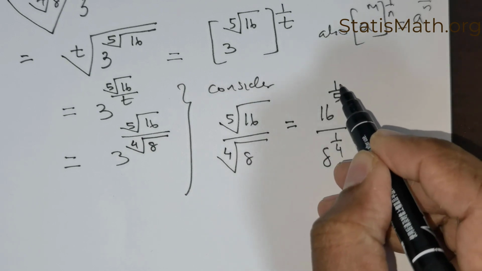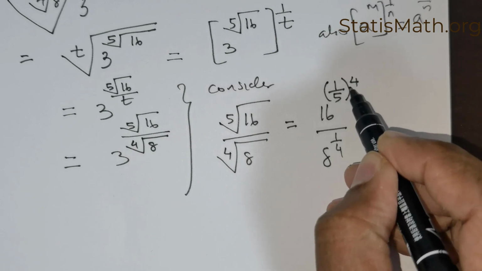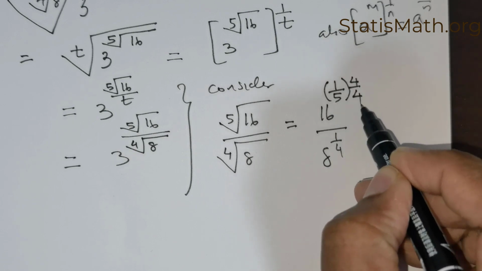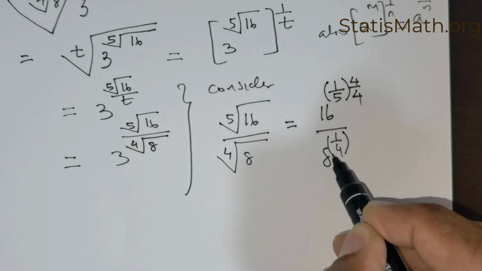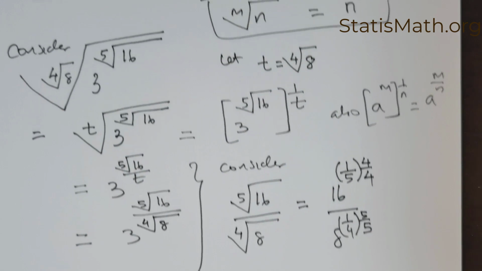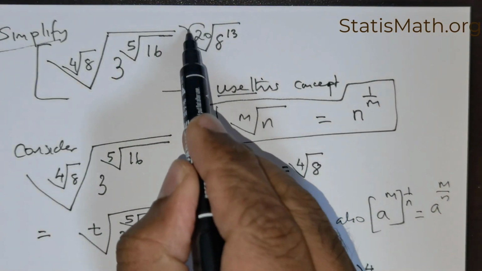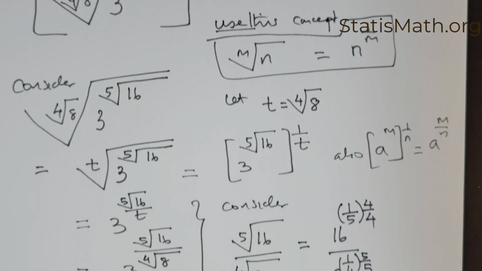Now I will multiply the numerator by 4 and the denominator by 4. In this case I will multiply the numerator by 5 and the denominator by 5. The reason I'm doing this is to make sure I get 20, owing to the fact that I got a 20 in the wedge.